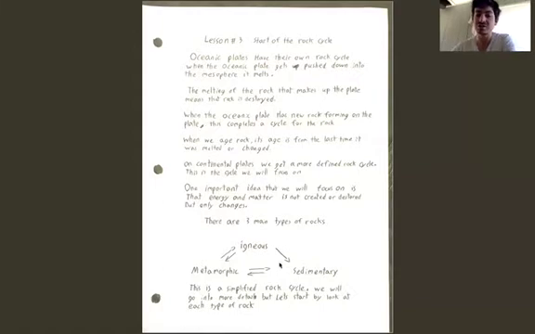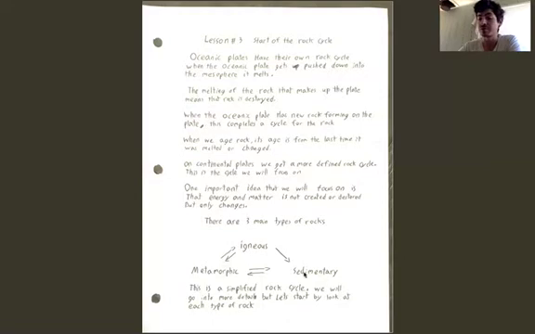Here we can see that these types of rocks can move into other types of rocks. We'll get more into how they move and what happens to change them next lesson. But for now, to answer one of the questions I asked: sedimentary rock can become metamorphic, and metamorphic can become sedimentary rock.